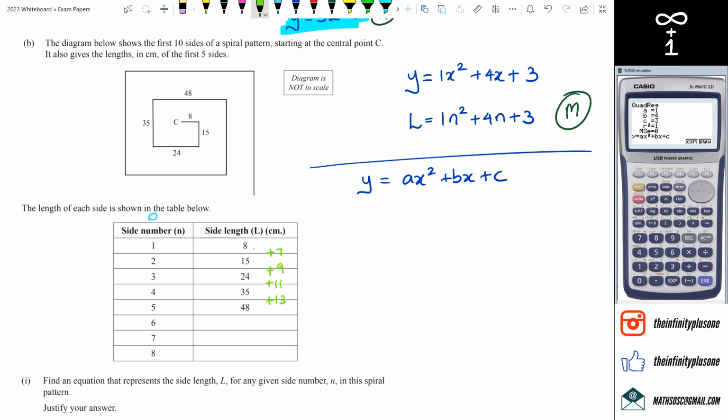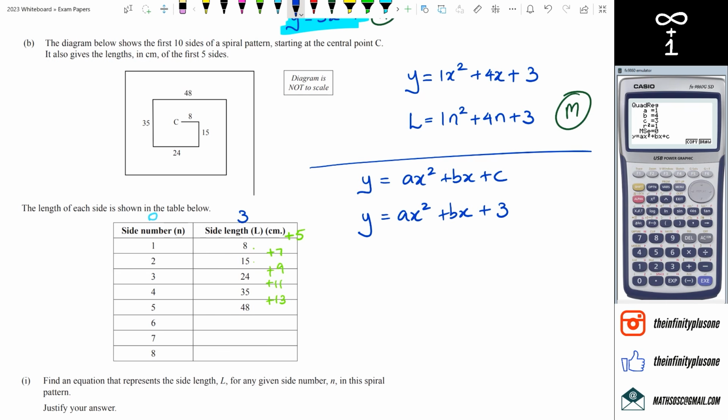Notice how between 1 and 2 it's plus 7. So between 0 and 1 it would have to be plus 5, which means the number before 8 would have to be 3. So c is the value when x equals 0, and we've just figured out that it's 3.